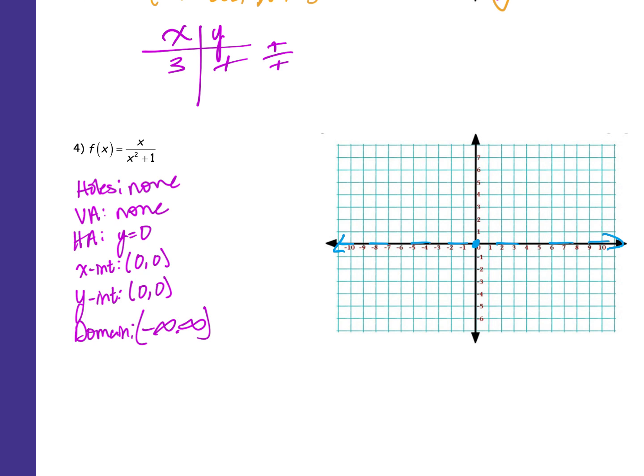So it looks like there's a point at -1, -0.5 and 1, 0.5. And then it's approaching my asymptotes, and it kind of goes down a little bit and up a little bit and back down. And that's what it looks like.